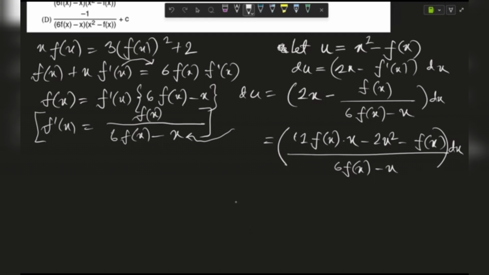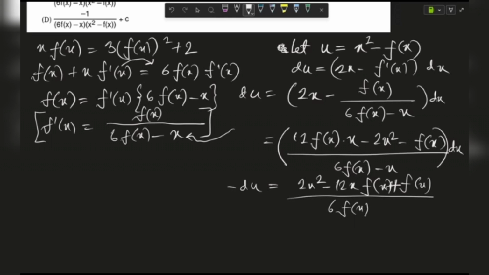Now you can see, if we take a minus common out, this is minus du equal to (2x squared minus 12x f(x) plus f(x)) divided by 6 times (f(x) minus x), whole dx.